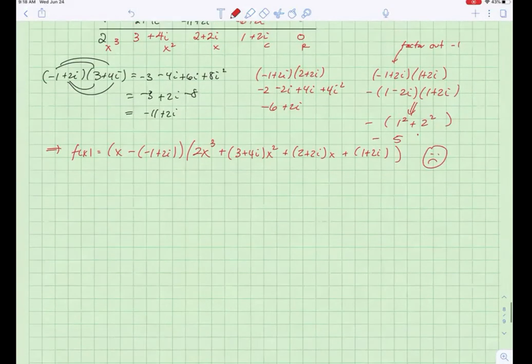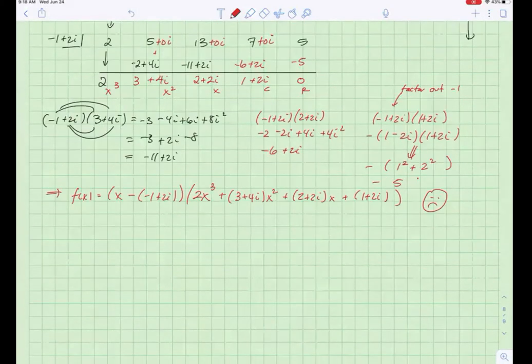And now what you can do is you can take this and you can do your synthetic division with your other root. Negative 1 minus 2i is also a 0. And now your coefficients are 2, 3 plus 4i, 2 plus 2i, 1 plus 2i.